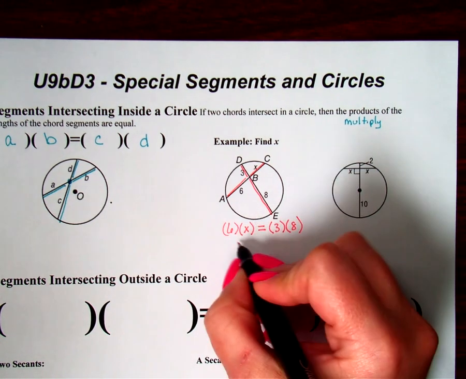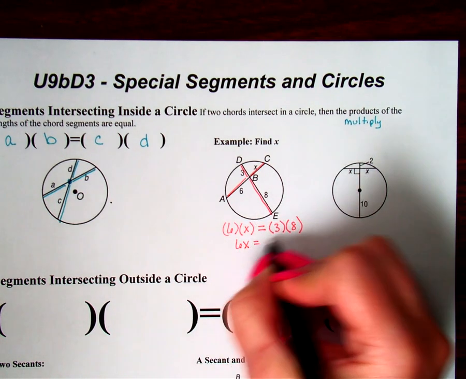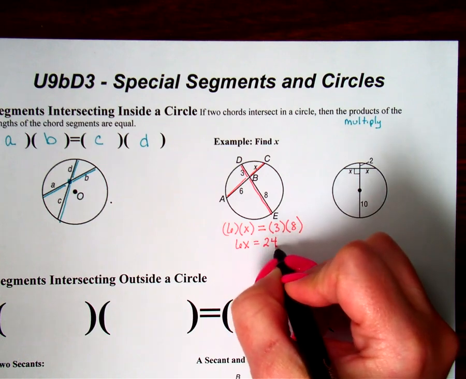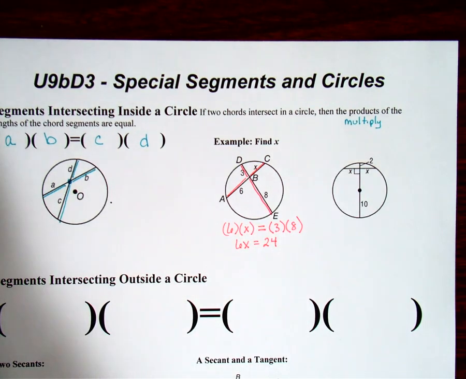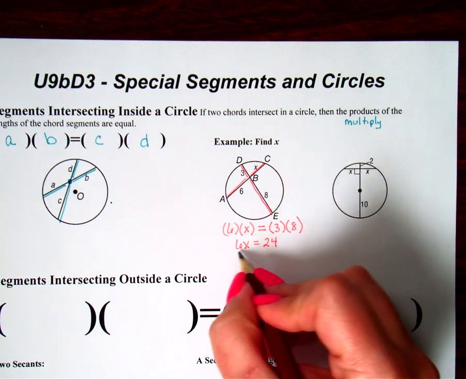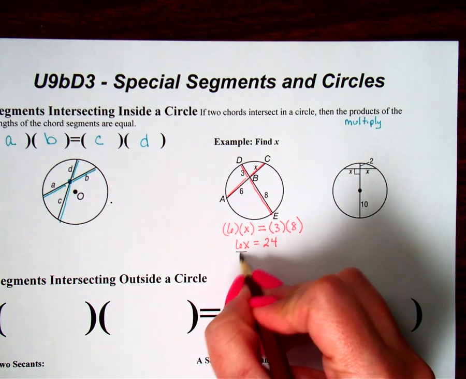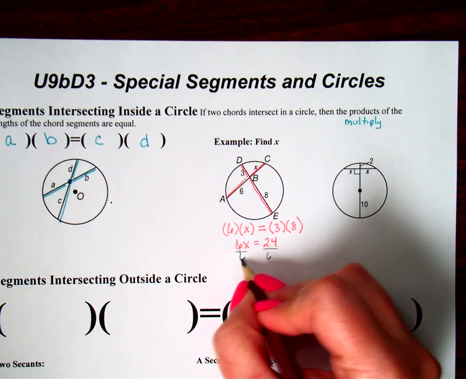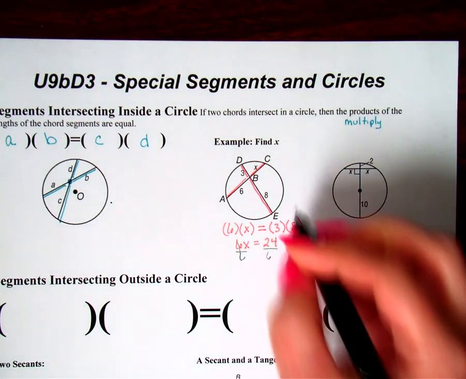So 6 times X equals 3 times 8. So 6x equals 24. Divide both sides by 24, or sorry, by 6. And I see that x equals 4.